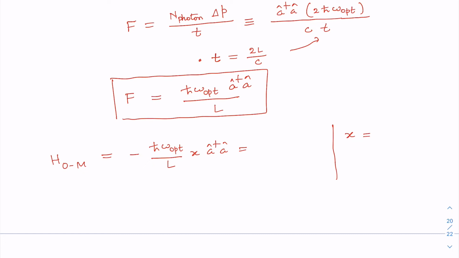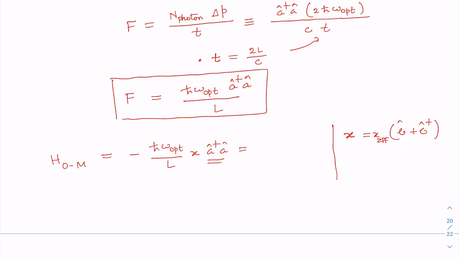Because I have already used a and a dagger, and this is associated with the mechanical oscillator, let us say the annihilation operator b, these things we discussed. So we can write x as b plus b dagger multiplied by the so-called zero-point fluctuation.